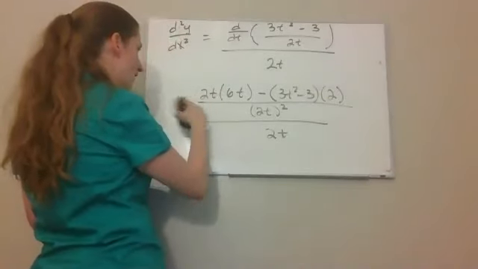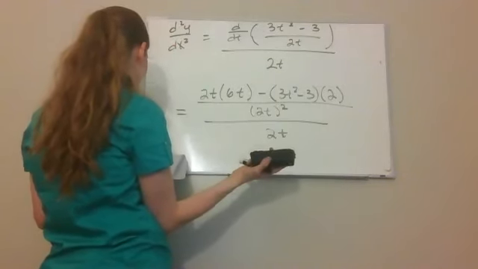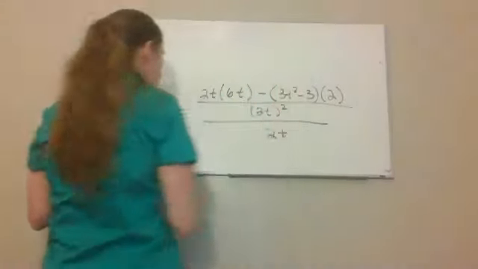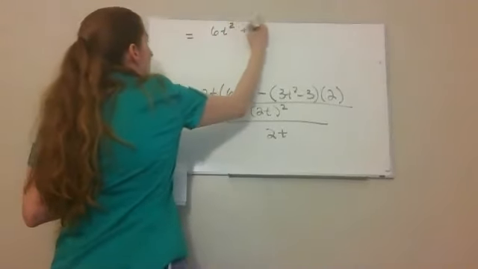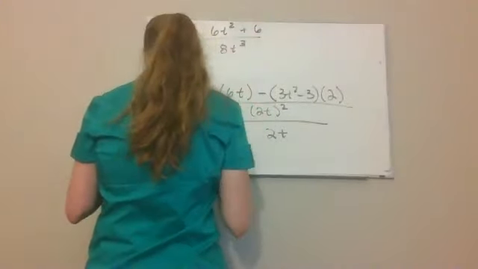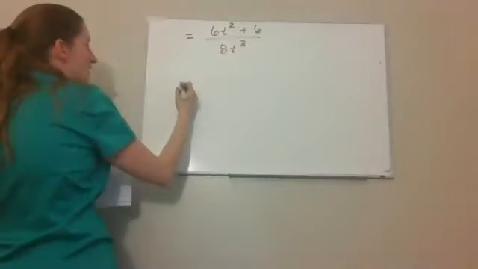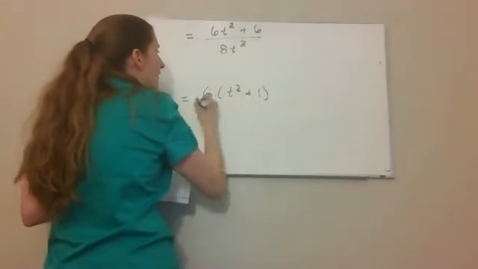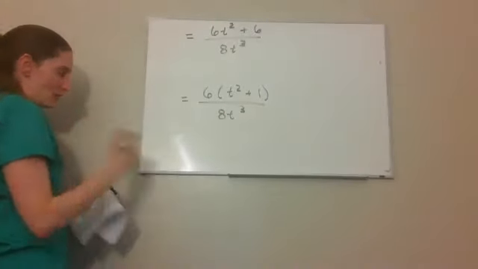And in the numerator, if I distribute everything and combine my like terms, I'm going to get 6t squared plus 6. So simplifying, we get (6t squared plus 6) over 8t to the third. If I wanted to, I could factor this and get 6 times (t squared plus 1) over 8t to the third. So this is my second derivative.